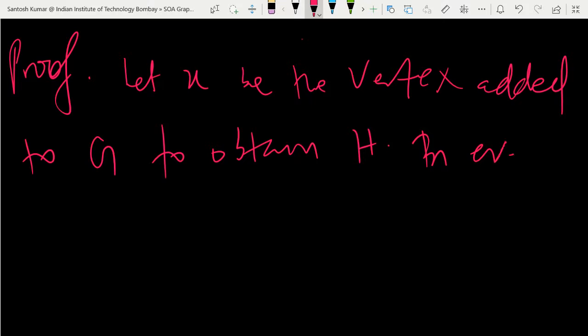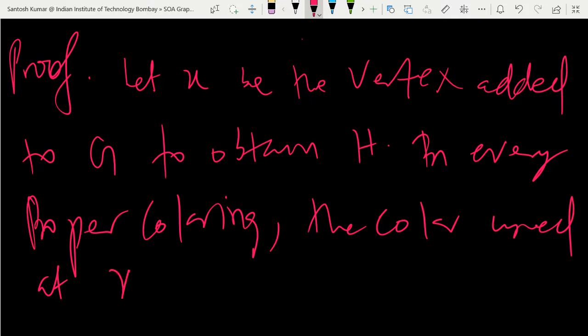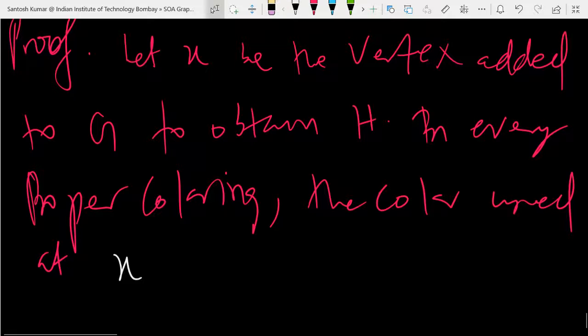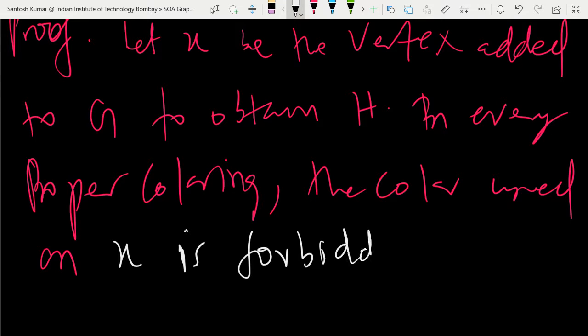So in every proper coloring, the color used at X is forbidden for the rest of the vertices of H.